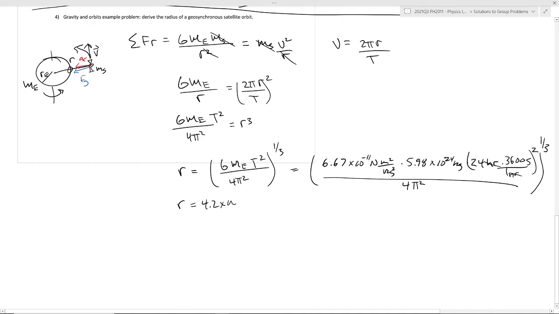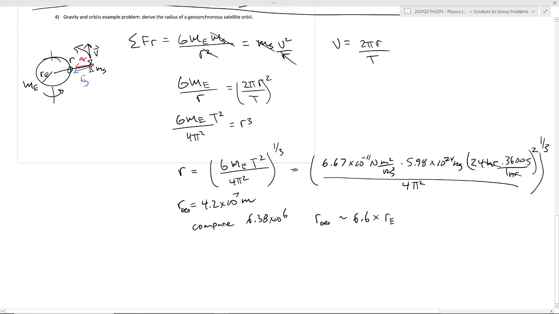And so when you crunch your numbers, you'll find that this calculation would give you 4.2 times 10 to the 7 meters, which may not really mean that much, it's a big number, but we can compare this to the radius of the Earth, which is 6.38 times 10 to the 6. You would see that this radius, maybe we'll call this the radius of geosynchronous, is about 6.6 times the radius of the Earth.